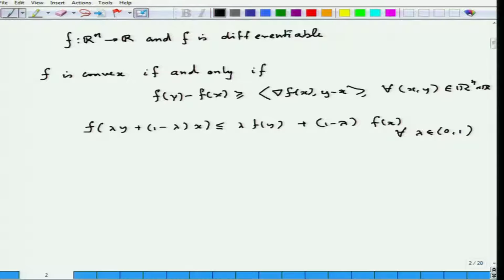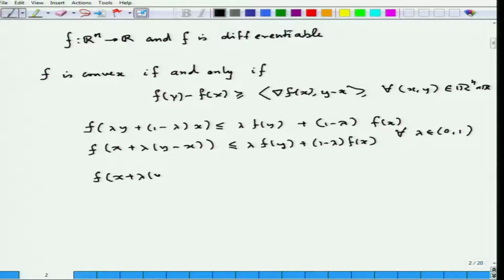So, now you can rearrange this, and write this as f(x plus lambda times (y minus x)) is less than or equal to f(x) plus lambda times (f(y) minus f(x)). Now, transfer f(x) to the other side: f(x plus lambda (y minus x)) minus f(x) is less than lambda times (f(y) minus f(x)).